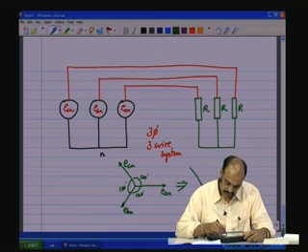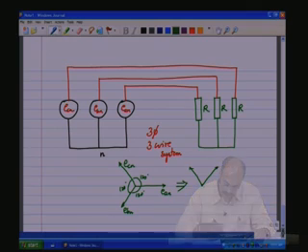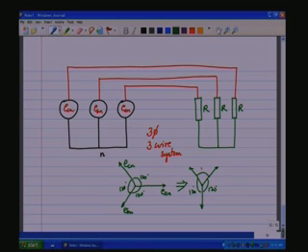Now, this can also be written differently in this form, because we can take anything as the reference. Okay. 120, 120, 120. So, you have EAN, EBN, ECN, or you can also write it in this form, EAN, EBN, ECN, all 120 degrees out of phase.